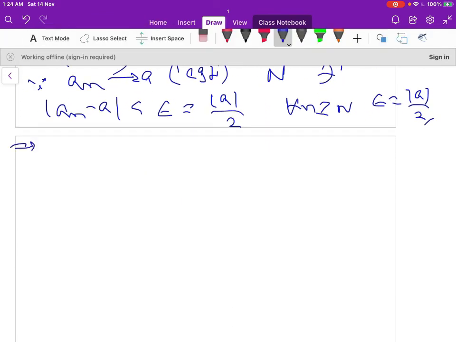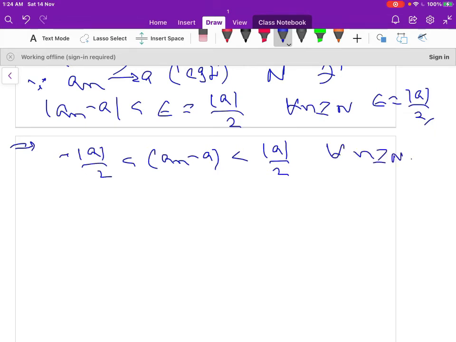So this implies, when you remove the mod, minus modulus of a by 2 is less than an minus a, which is less than plus modulus of a by 2. So this implies minus modulus of a by 2 plus a is less than an, which is less than modulus of a by 2 plus a.